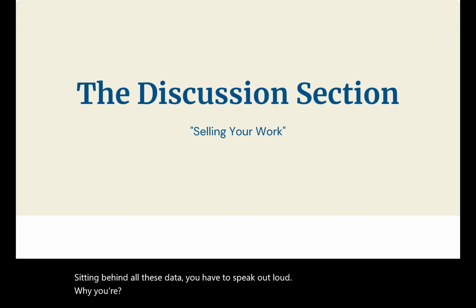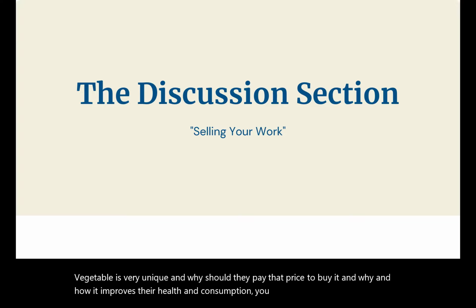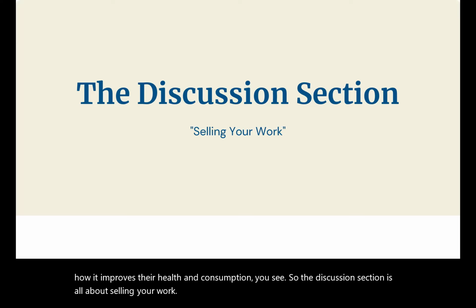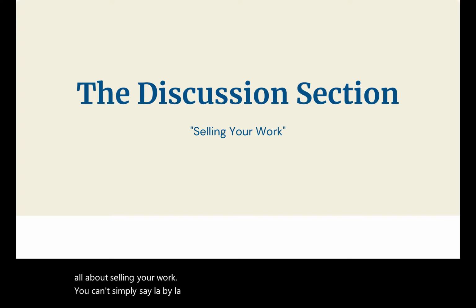You see? So the discussion section is all about selling your work. You can't simply say it is good, but you have to say what is special about it. Right? We'll see how we can do it.